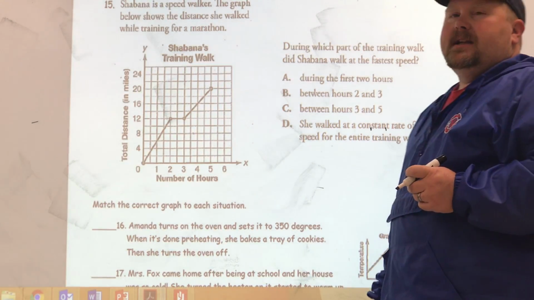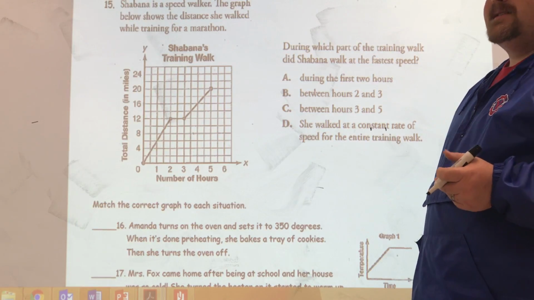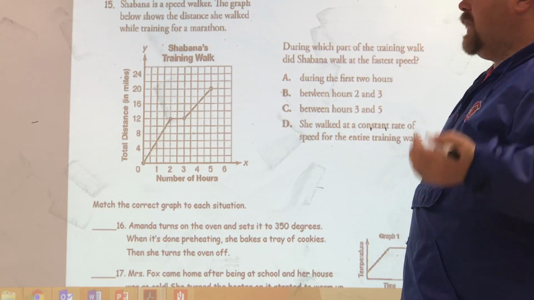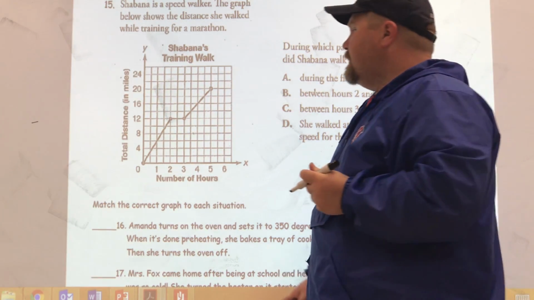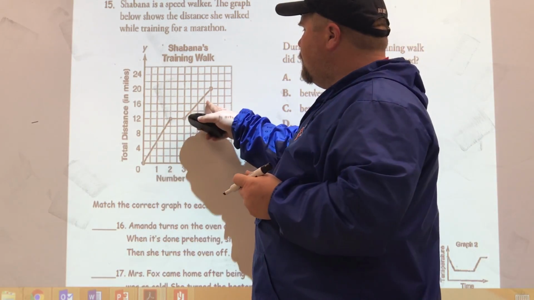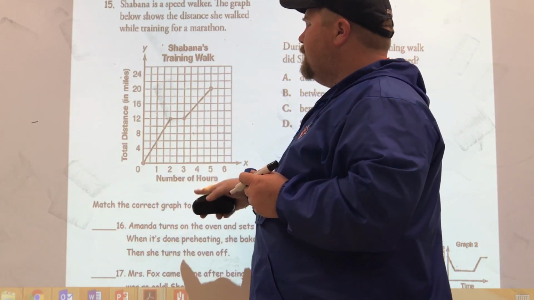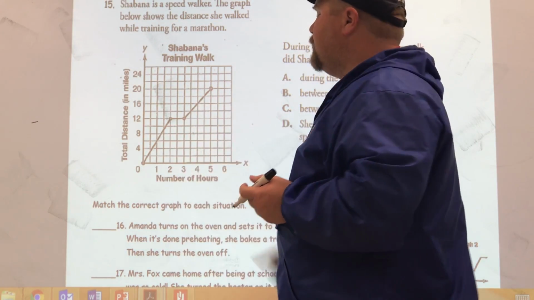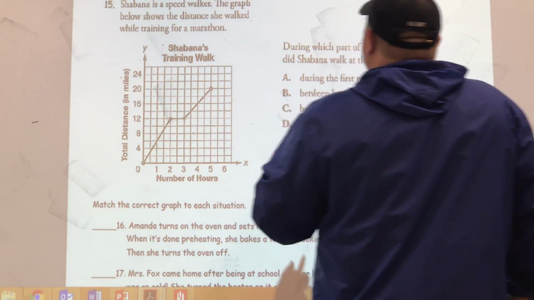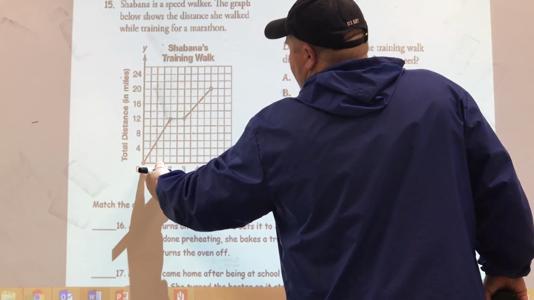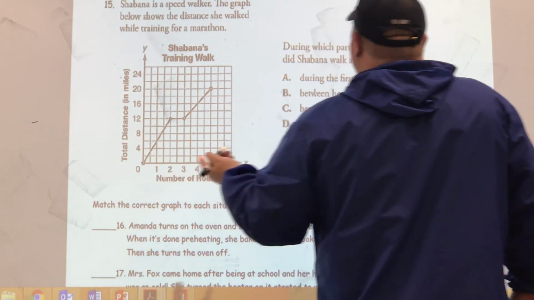The fastest speed is when you're covering the most distance in the shortest amount of time, or in this case, the steepest positive slope. We can see the two slopes right here. This one is steeper. It goes more vertical than the third segment. So the fastest is going to be from hour 0 to hour 2, the first segment.